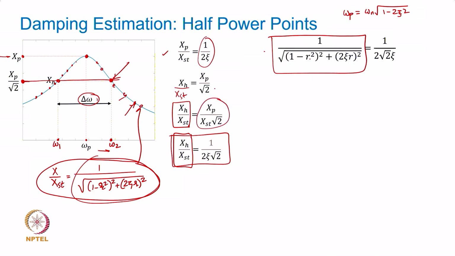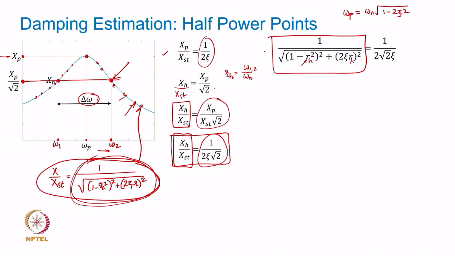Then r is going to be rh, which is the frequency either omega 1 by omega n or omega 2 by omega n. Both of these ratios should satisfy this equation. The job is to find the expression for r square by equating the two. Why? Because this ratio xh upon xst is given by this expression and also by this expression, going by our definition of the half power point.